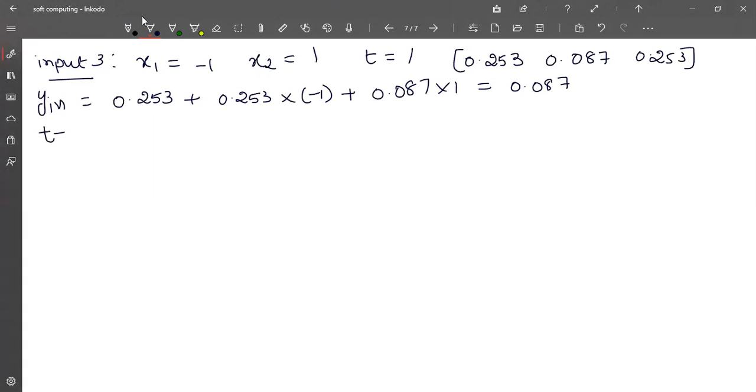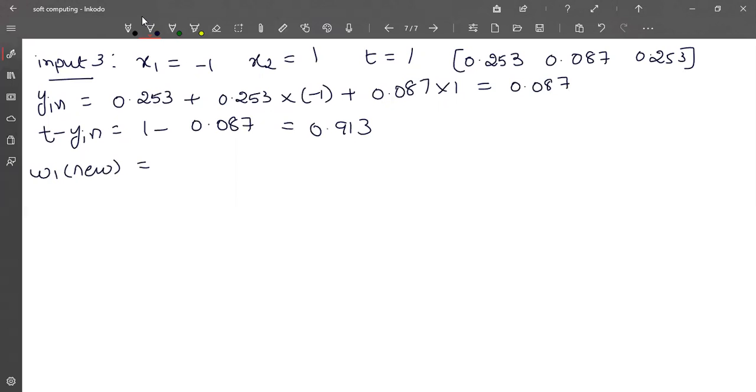Now T minus Y, that is 1 minus 0.087. So 0.913. And now new weights.